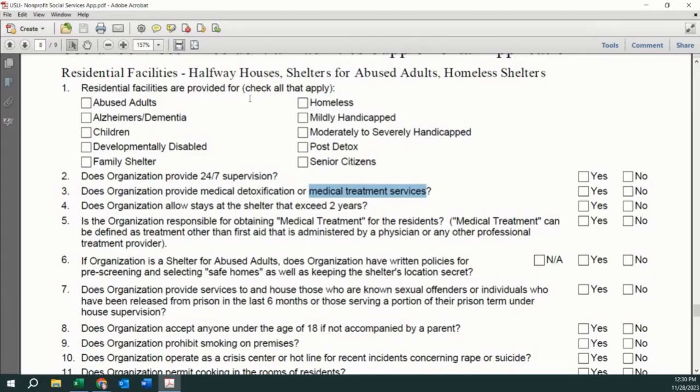Generally speaking, in a halfway house, a shelter, or a homeless shelter, that would be different, in my opinion, than a medical detox or a medical treatment service.